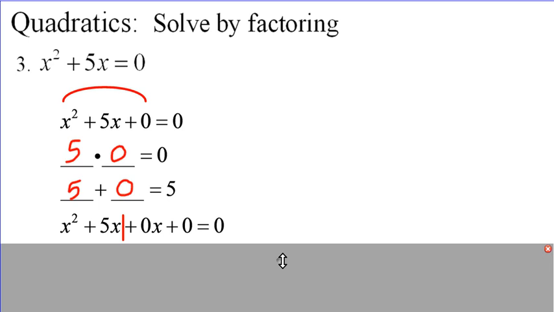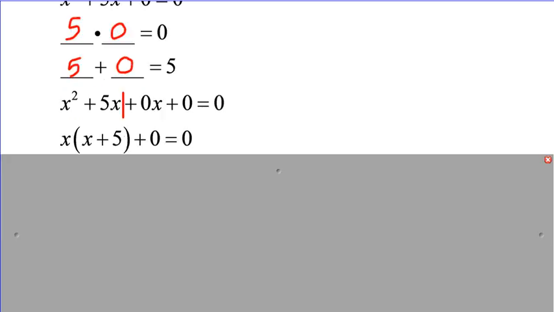x squared plus 5x plus 0x plus 0 equals 0. We know 0x plus 0 is 0, so we don't have to worry too much about this part of the equation. The first part, though, we have x squared plus 5x. So we know we can divide out an x from each of those terms.